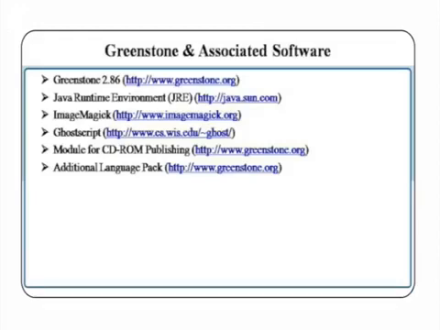So Java is to be installed as part of the Greenstone installation. That is the Java runtime environment, JRE, not full Java. I'm not asking about the full core Java installation, but the support for the Java runtime environment is to be installed for Greenstone. ImageMagick, which I discussed, an open software for managing images, is required.